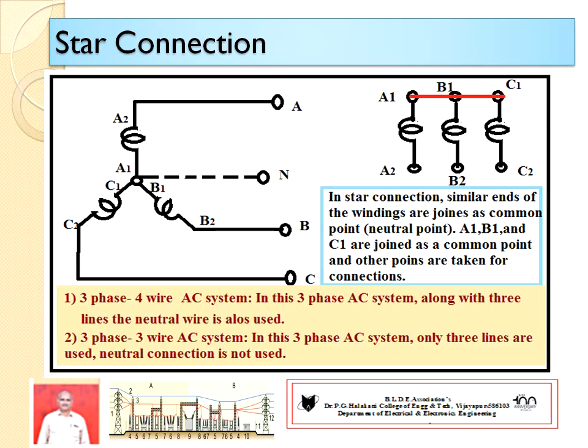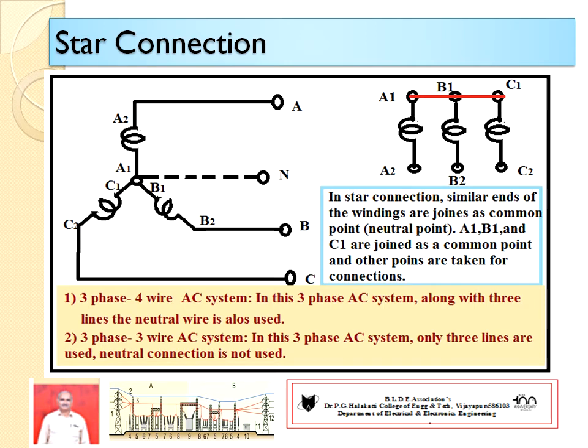The other ends A2, B2, C2 are taken for connections. This connection is referred to as star connection. Either you can take A2, B2, C2 as the similar points and then A1, B1, C1 for connection, as you wish. In this type of star connection, we have a 3-phase 4-wire AC system.